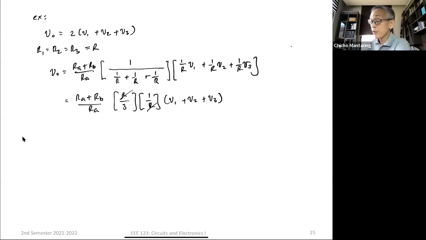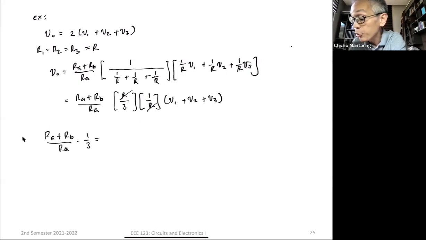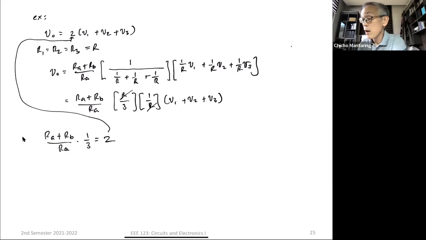So I have 1/3 V1 plus V2 plus V3. So dapat ang RA plus RB over RA multiplied by 1/3 should be equal to 2. Ito yung 2 dito. That's this 2 over here. So I can just choose any value I want now so that that's equal to 2.